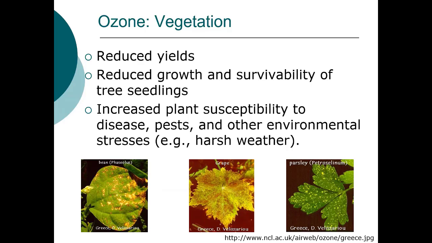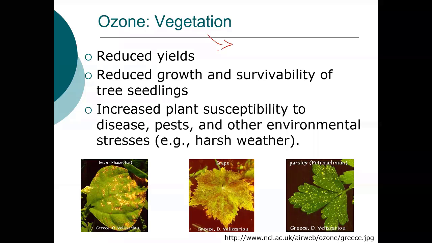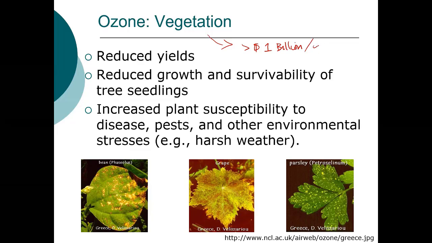In terms of the impact in the US, the result of ozone impacting vegetation is considered to be greater than about $1 billion US per year. So that's the loss in income from the impact of ozone on agricultural and commercial forest yields.